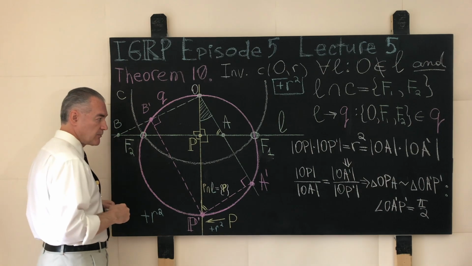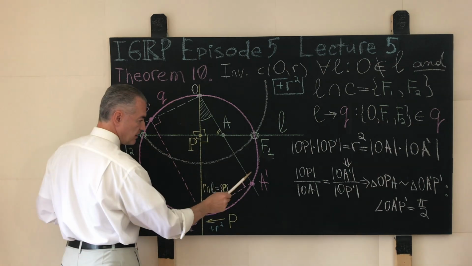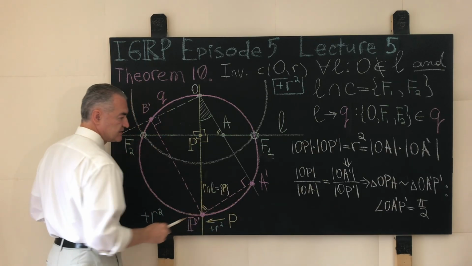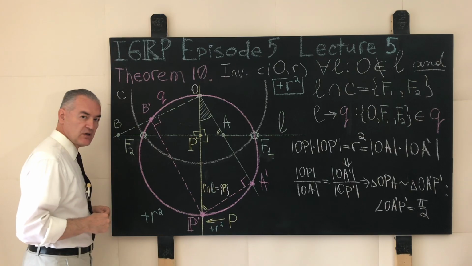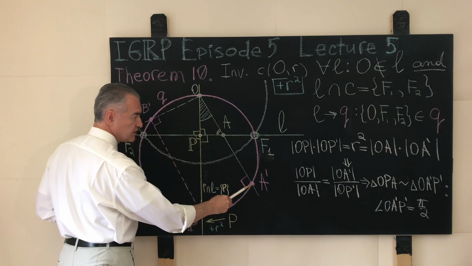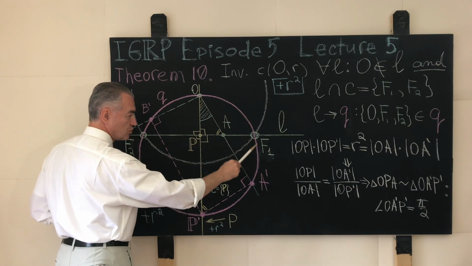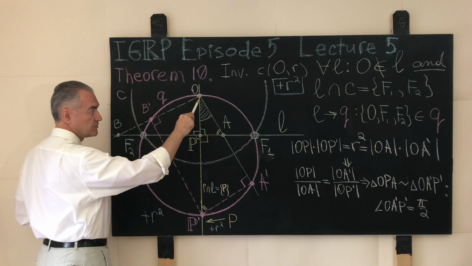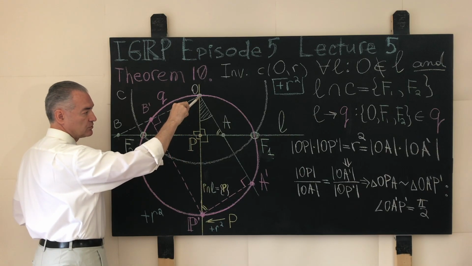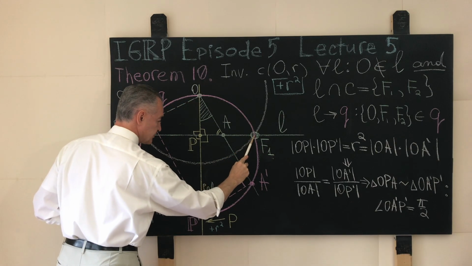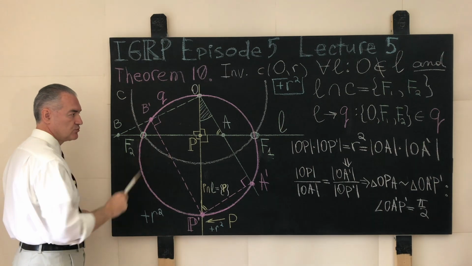The angle in a semicircle is always right, and that proves that the set of points traversed by the image point A prime is precisely the circle that passes through what? That passes through the center of inversion O and the two common, distinct points F1 and F2.